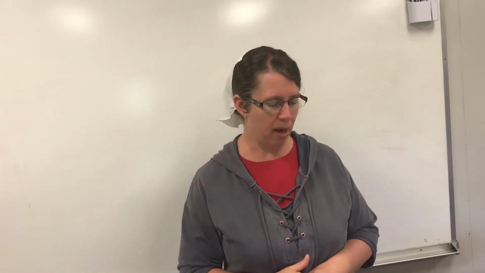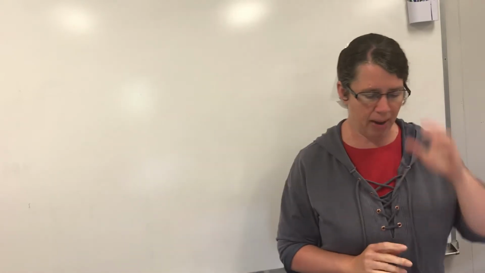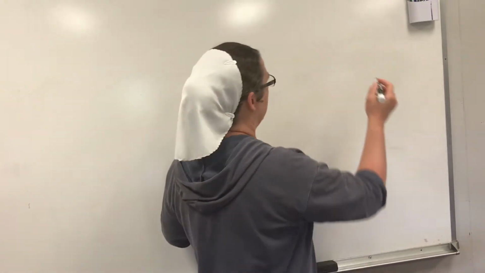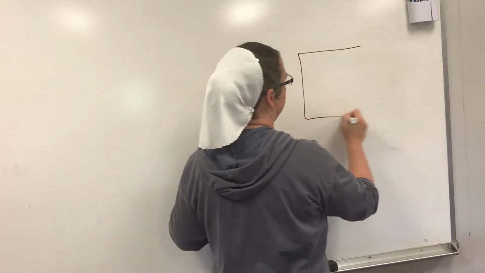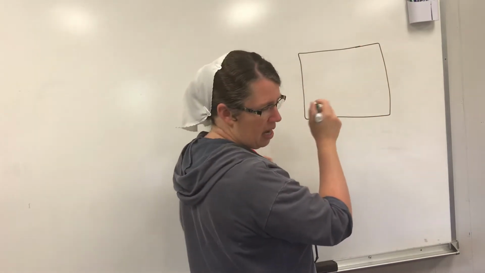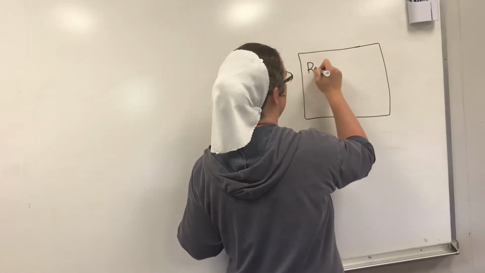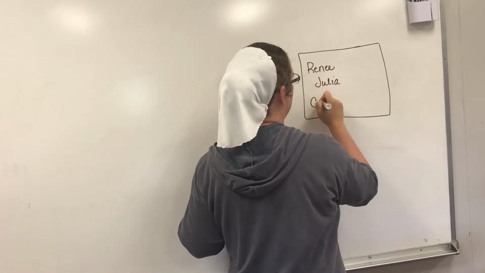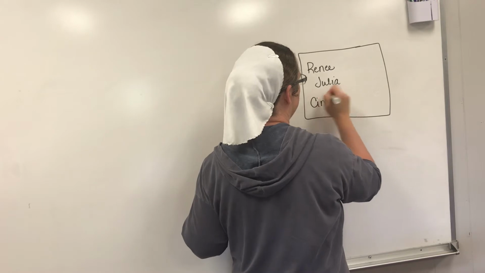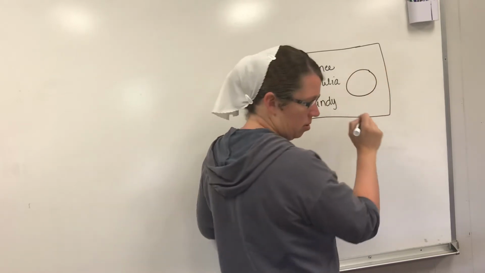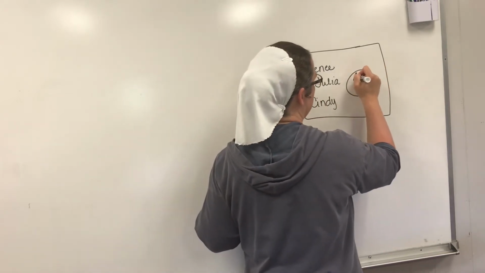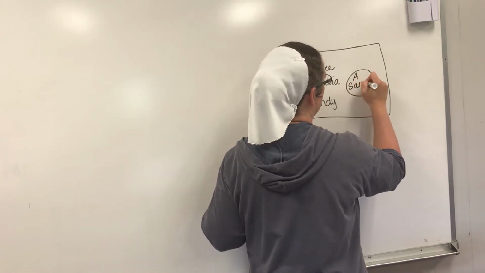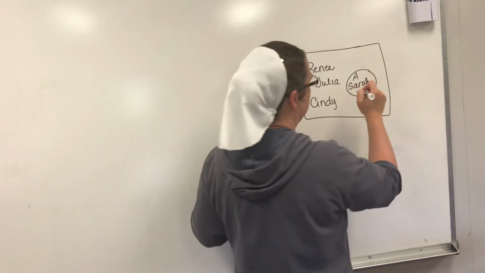If you look at the bottom of page 63, you have a box. There are some names in that box: Renee, Julia, and Cindy. Then you have a circle, and this is set A. In the circle are Sarah and Sandy.